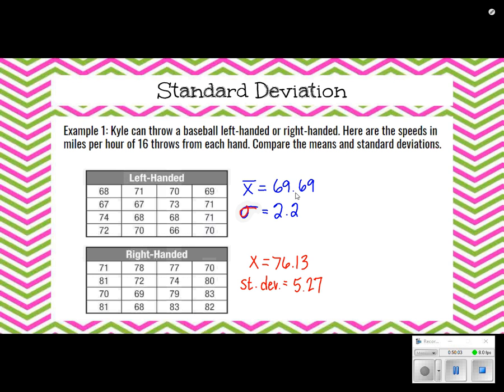However, we are more consistent, throwing numbers that are around the mean more with our left hand than with our right hand. So our left hand is more consistent than our right hand. Kyle throws faster with his right hand, but more consistently with his left hand. So a smaller number means more consistency. You're closer to the mean, so you're not wildly throwing things super fast or super slow in this case.